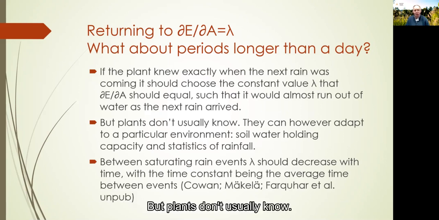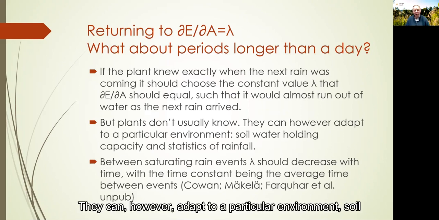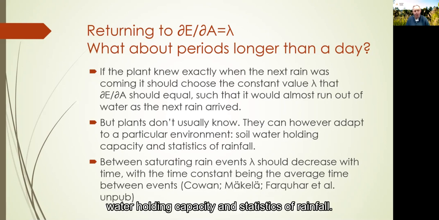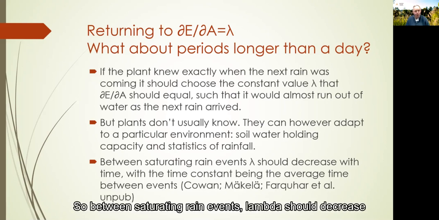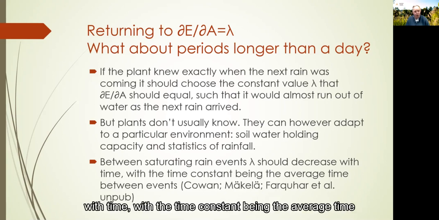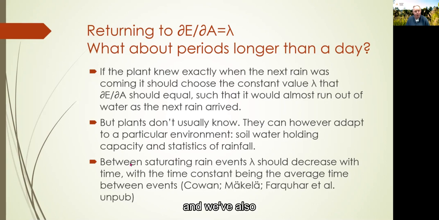But plants don't usually know. They can, however, adapt to a particular environment, soil water holding capacity, and statistics of rainfall. So between saturating rain events, lambda should decrease with time, with the time constant being the average time between events. This was shown first by Ian Cowan, then by Aniki Makela, and we've also derived some other aspects of it.